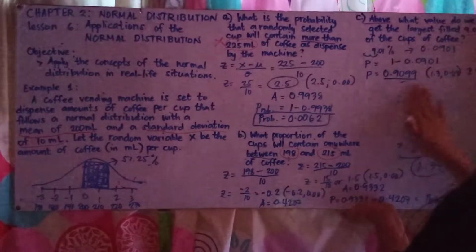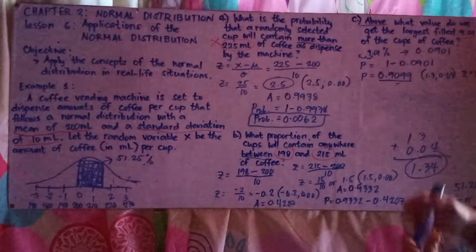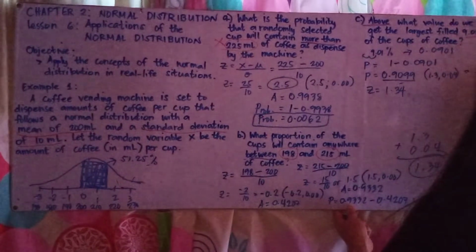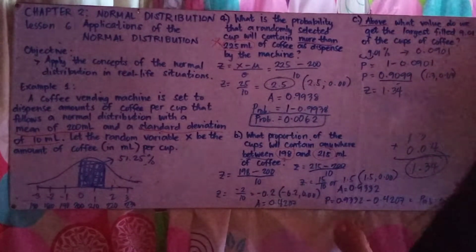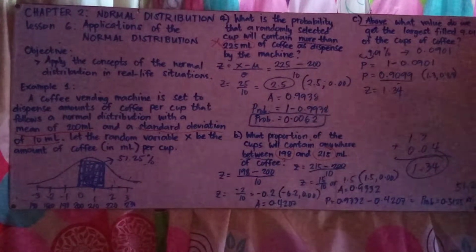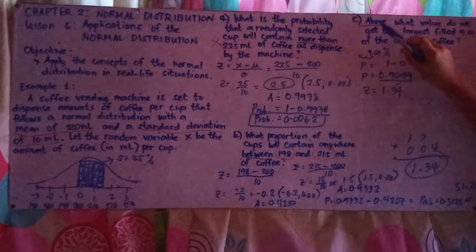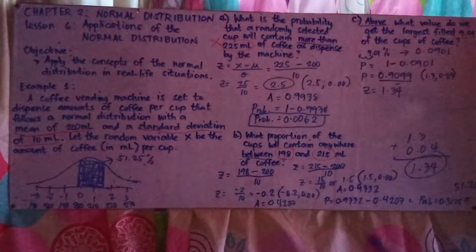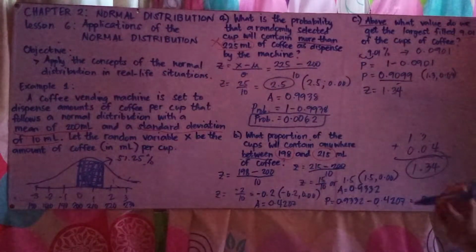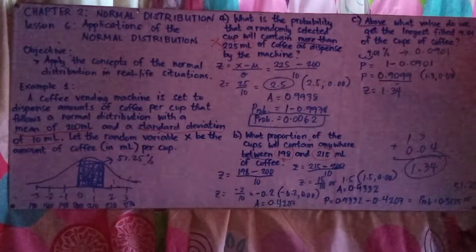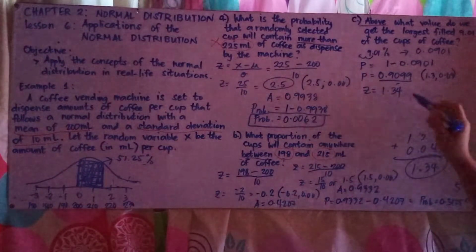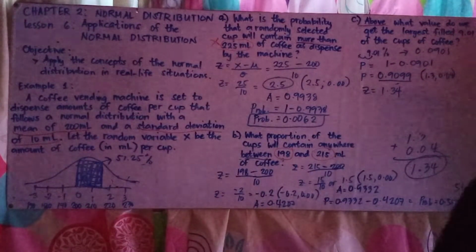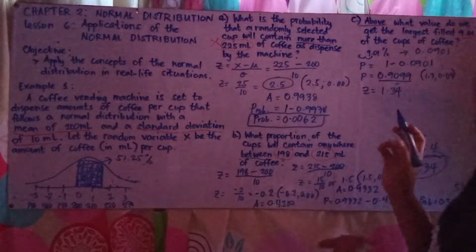Erase this. Okay, so z equals 1.34. Since the question is above what value do we get the largest 9.01% of the cups of coffee, and since our cups are in terms of ml, we use the z formula to get the value in terms of ml, the x.